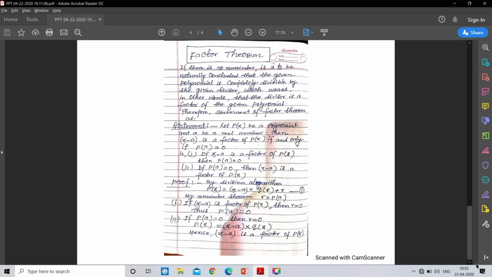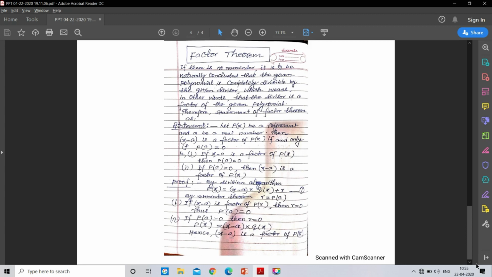First case: if x minus a is a factor of p(x), then p(a) is equal to 0. Second case: if p(a) is equal to 0, then x minus a is a factor of p(x). Proof: by the division algorithm, we can write p(x) is equal to (x minus a) into q(x) plus r. By the remainder theorem, r is equal to p(a).